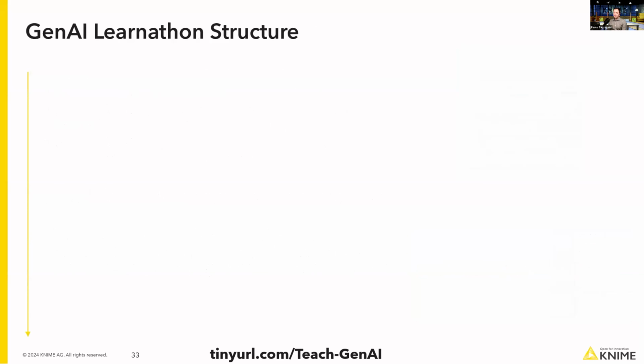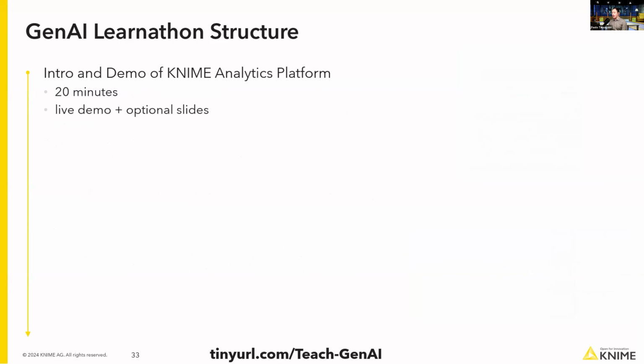All right, so let's now take a look at how this workshop format is structured, right? It usually starts with an intro to KNIME. Yes, because especially if you want this event to be public to any interested user in your community, then you might have people that show up and don't know KNIME, right?